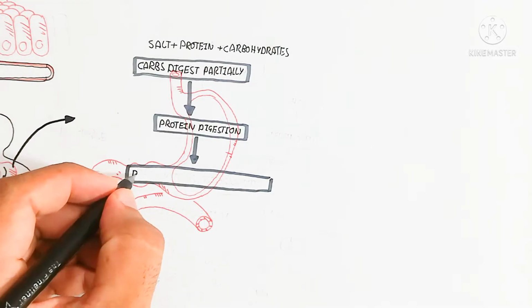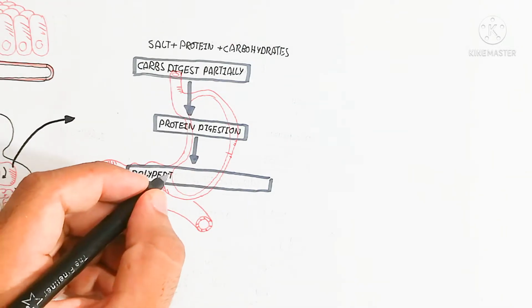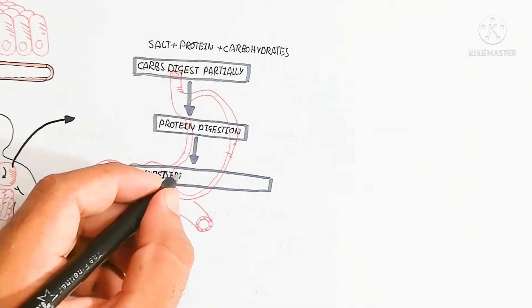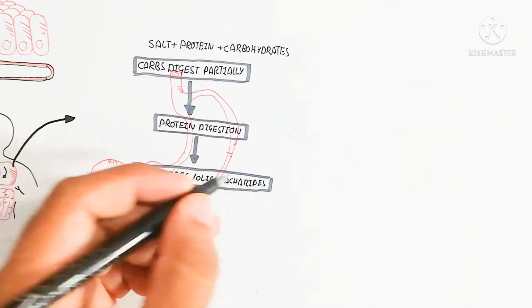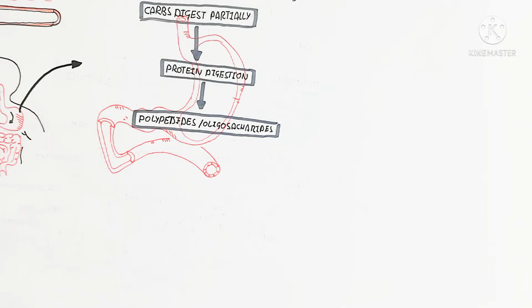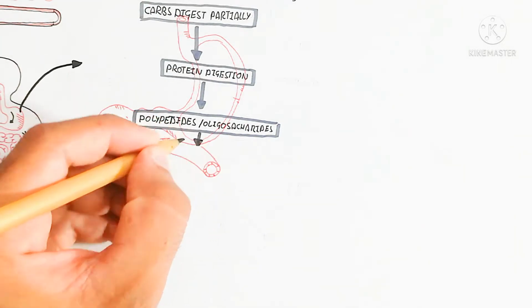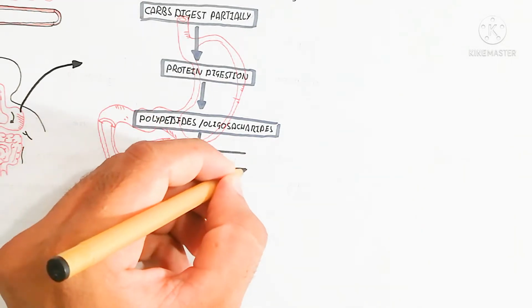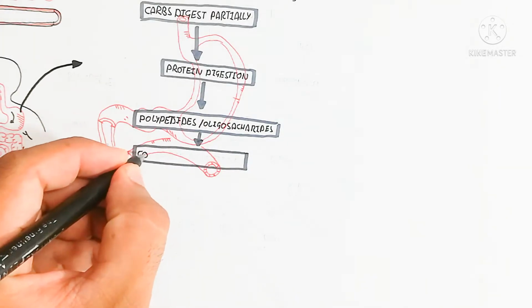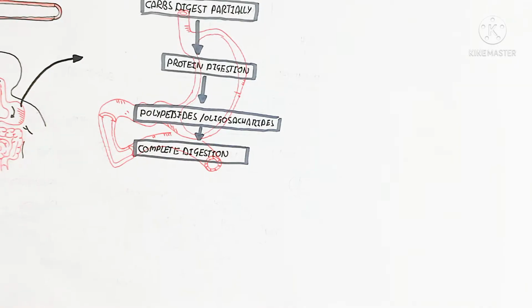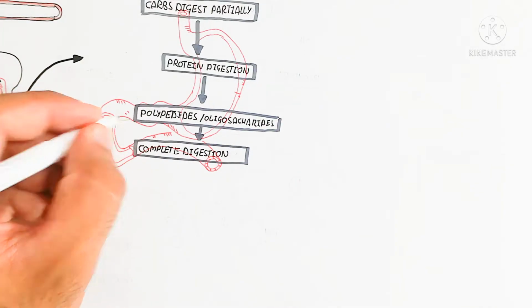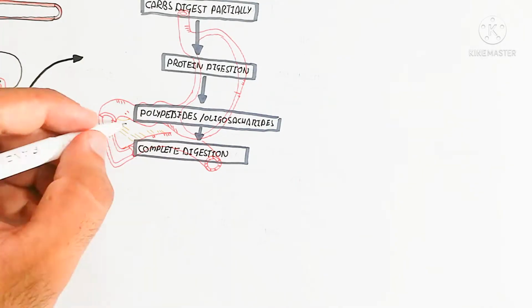That digestion is partial, converting protein into long-chain polypeptides. After this, the semi-digestion continues in the duodenum. The polypeptides, oligopeptides and oligosaccharides are digested in the duodenum, and complete digestion occurs in the small intestine.